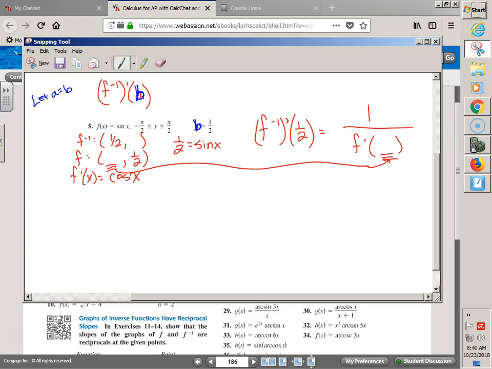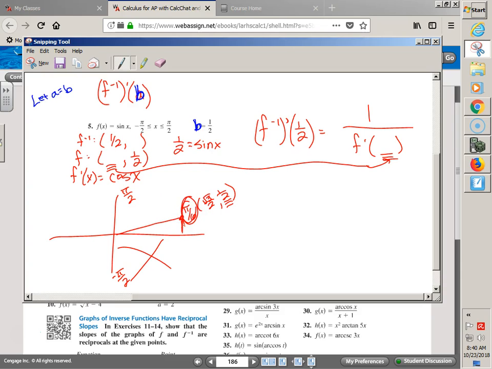Then we have to think of the unit circle, in between negative pi over 2, negative 90, and pi over 2, positive 90. Where is sine positive? Well, not in that quadrant. Forget it. Sine is negative, and sine is the y value. It's going to be the little positive 1/2 at pi over 6. Had to go back to the unit circle and think, when is my y 1/2? So pi over 6 is my answer. Pi over 6 is my x. Pi over 6, if you want to think about it, is your a.